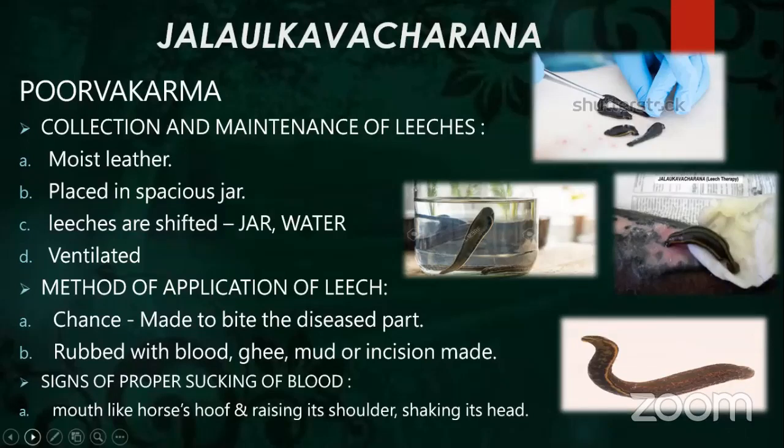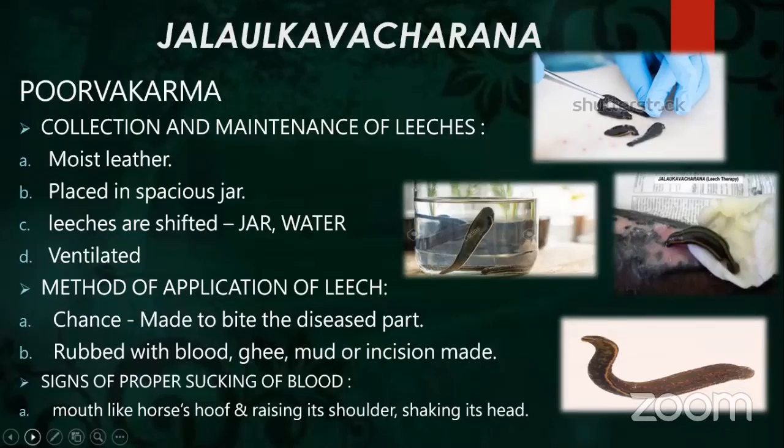Before leech application, we have to check bleeding time, clotting time, count, HB, and ESR of the patient in order to avoid anemia, infection, allergic reaction conditions, etc. These are some of the challenges we'll be facing. So it is better to check BT, CT, count, HB, and ESR.